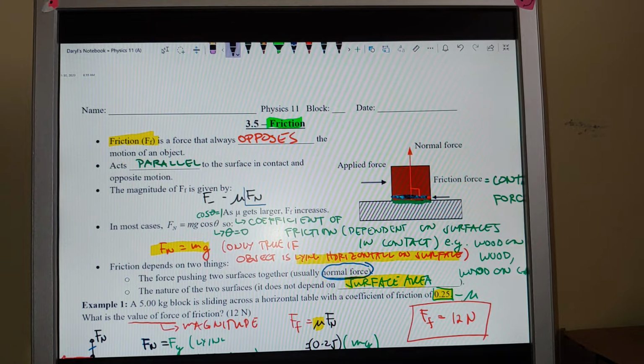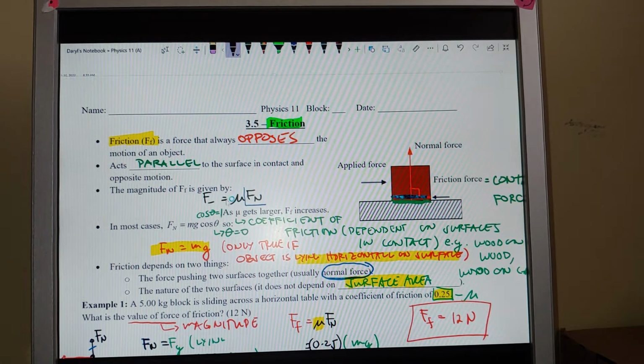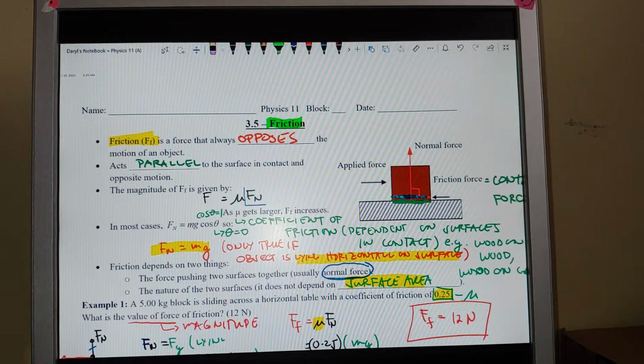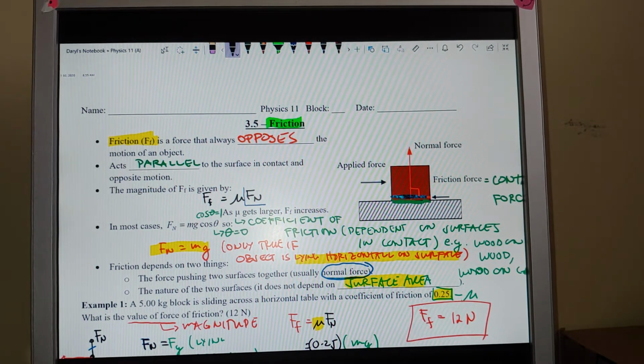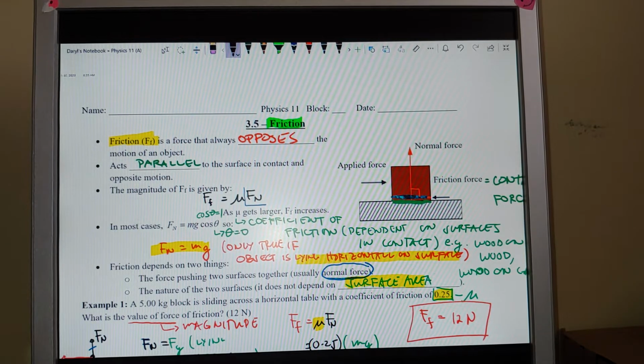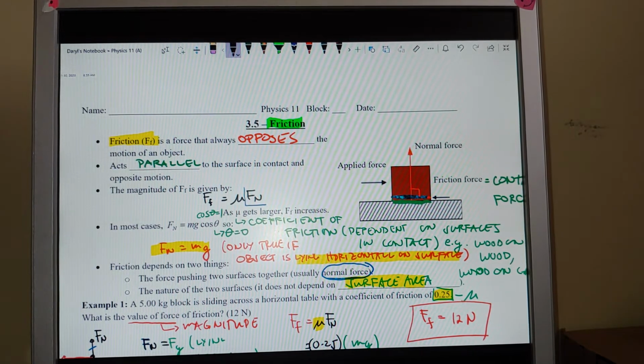Friction can be computed. It's given by an empirical formula, or one based on experiment. The frictional force is just dependent on two quantities, mu and Fn. Mu is what we call the coefficient of friction, and Fn is the normal force.